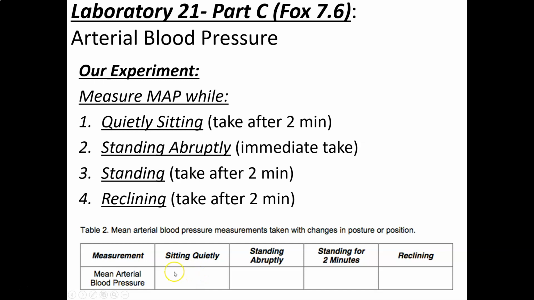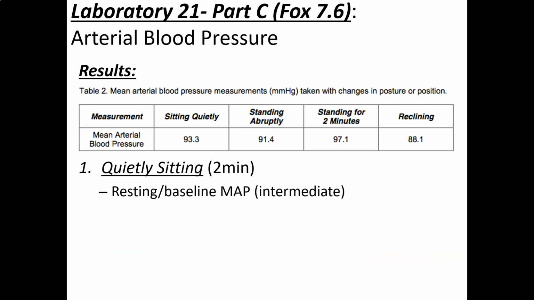So we would measure it in systolic and diastolic. And it does create a little bit of a problem if you don't put in the mean arterial pressure. So here are the results where we have this subject that has different mean arterial pressure measurements. You can see them here under these different conditions.